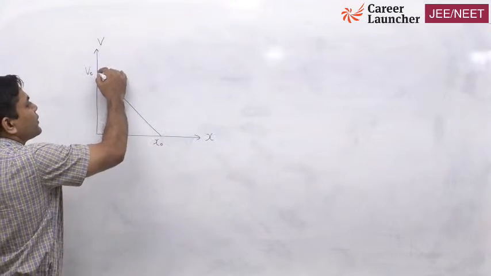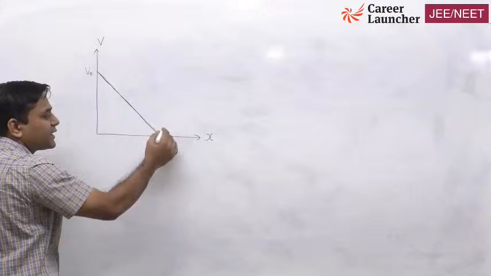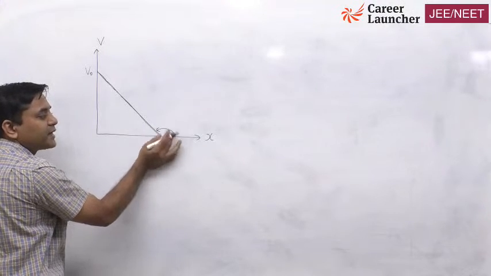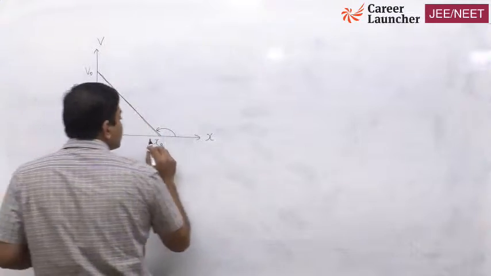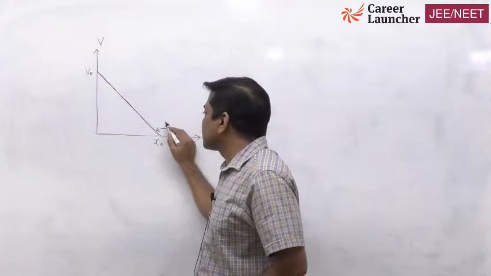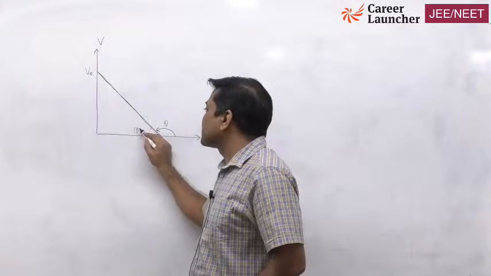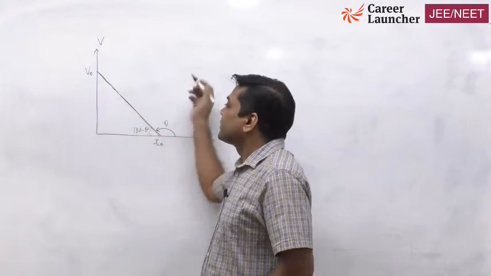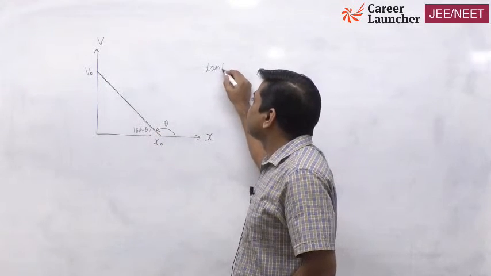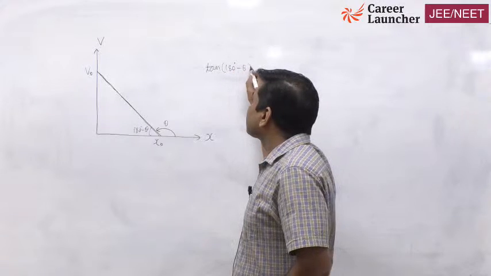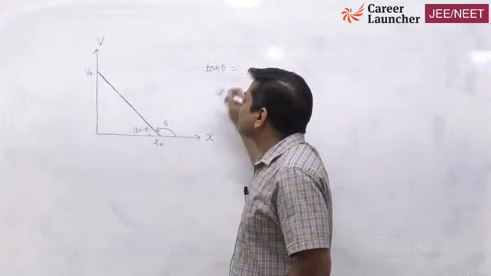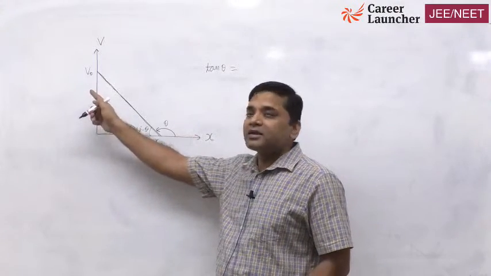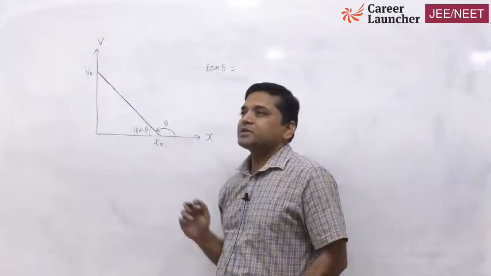And what is the equation over here? You can have a look that the slope is negative. Why? Because this is an obtuse angle. So if this is theta, then this is 180 degrees minus theta. So here the slope will be tan theta, which is tan of 180 degrees minus theta, you can say V naught by x naught.